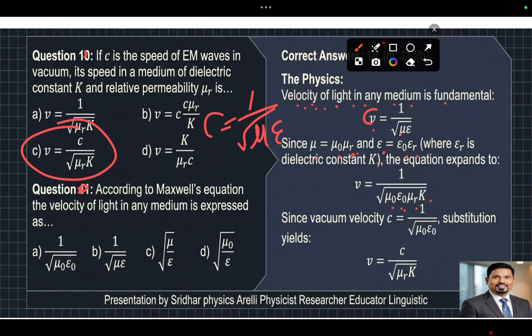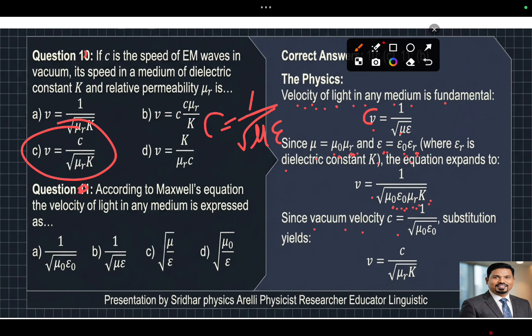If we consider a dielectric, in the place of epsilon r we can consider the dielectric constant K. Now v equal to 1 by under root of mu naught epsilon naught mu r K. Since the vacuum velocity is c, 1 by under root of mu naught epsilon naught, substitute, then you will get v equal to c by under root of mu r K.